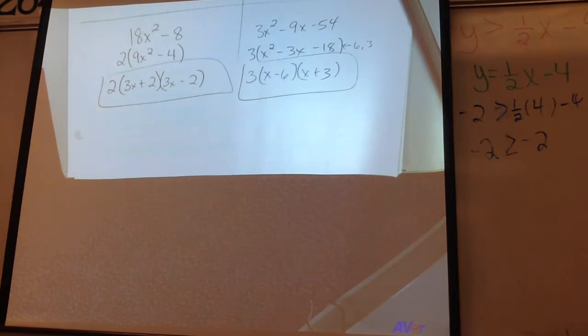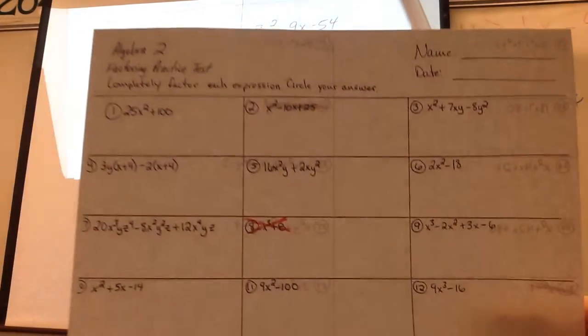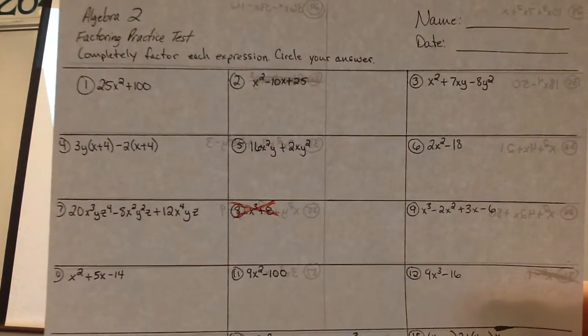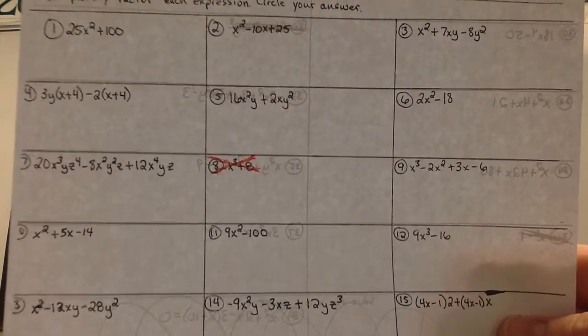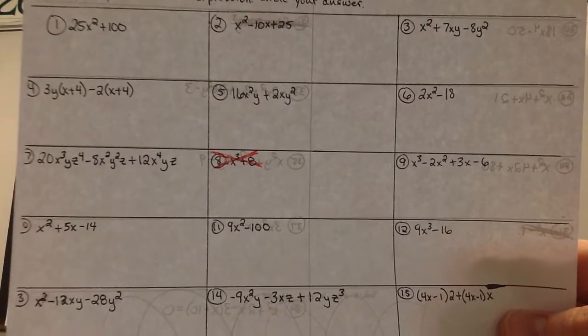Okay, folks at home, this is what we're doing. You're going to have to write all these problems down since I can't fax you. The ones I crossed off, you don't have to do. There's number 1 through 15; you can pause it right now and write all those down.